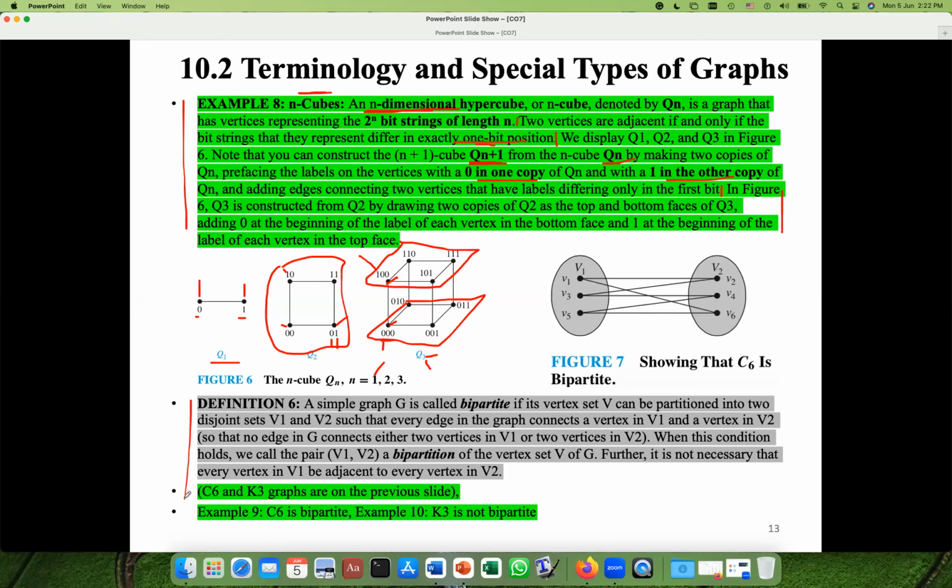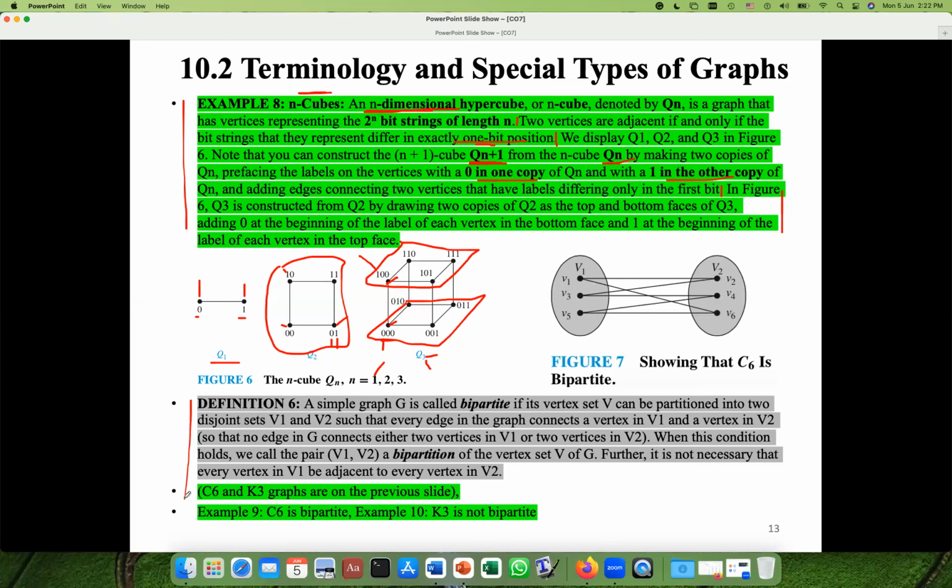You have to think and then divide it in such a way that each vertex in V1 will have an edge towards some vertex in V2, not all, some. This is the first rule. And second, no vertices in V1 are adjacent to each other.